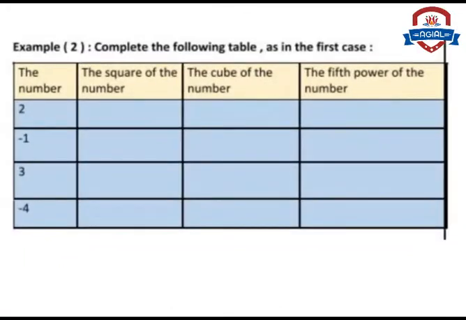Example number 2. Complete the following table as in the first case. We have here the number, the square of the number, the cube of the number, and the fifth power of the number. So if we have, for example, the number equals a, the square of the number equals a to the power of 2, the cube of the number equals a to the power of 3, and the fifth power of the number equals a to the power of 5.